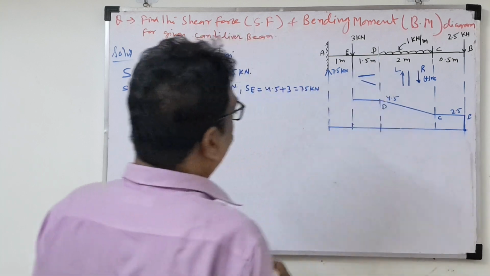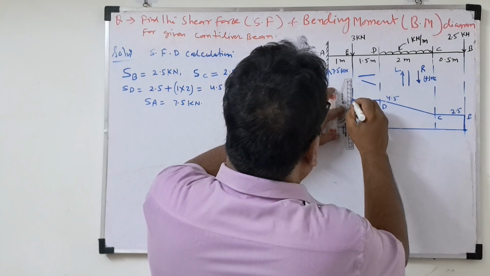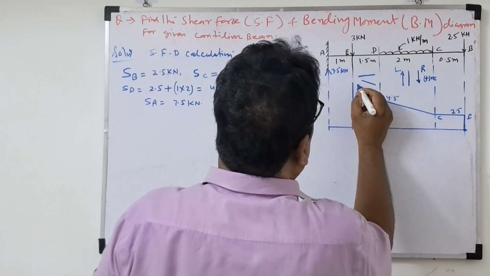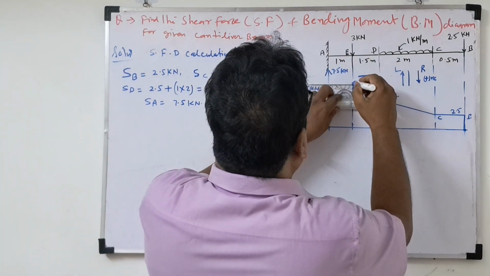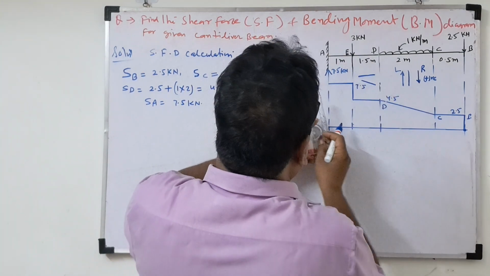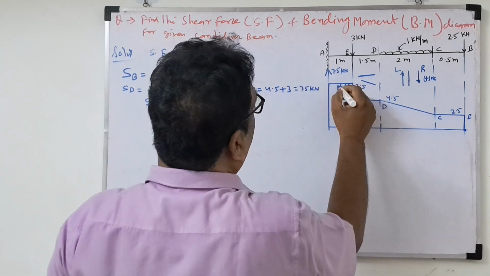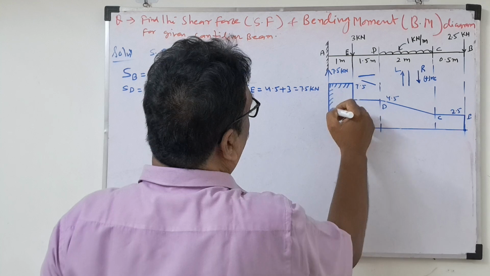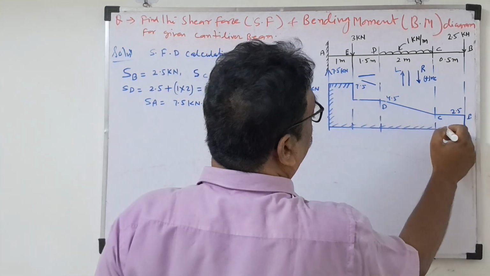Now a point load is there. Point load means a sudden change will be there, up to 7.5. After AE, no load, so draw a horizontal line. Make it a solid line. Draw the hatch part. This part will be the shear force diagram. We got it.